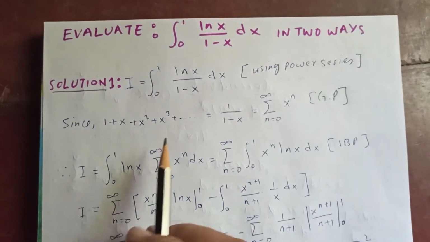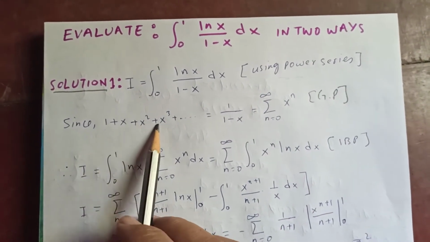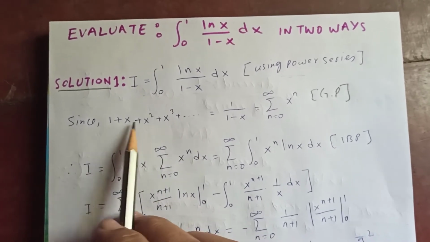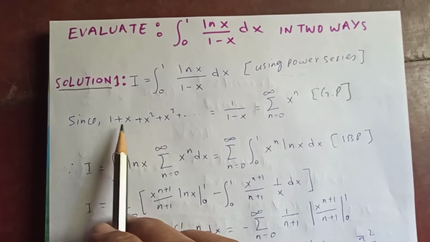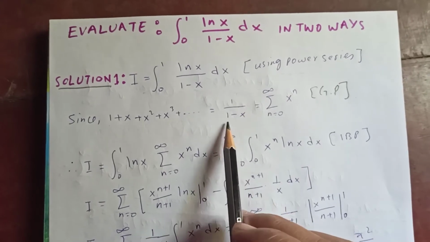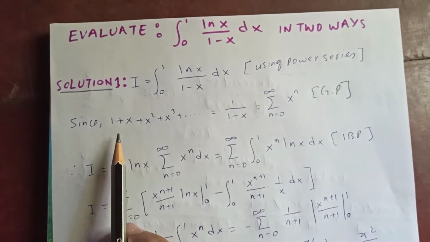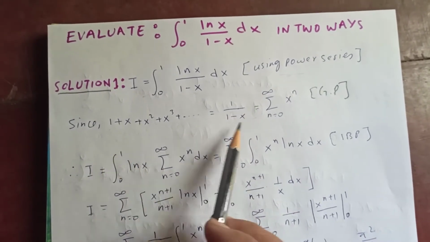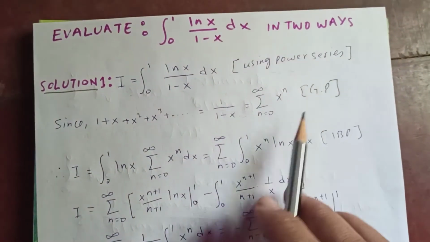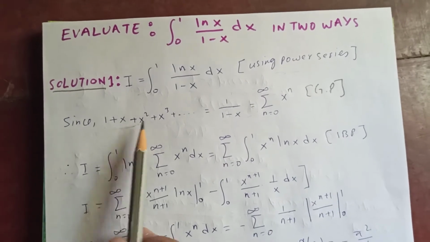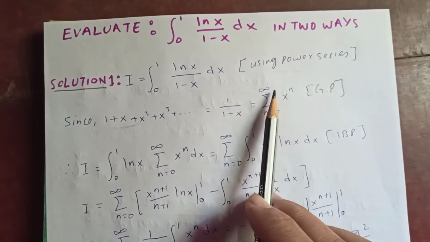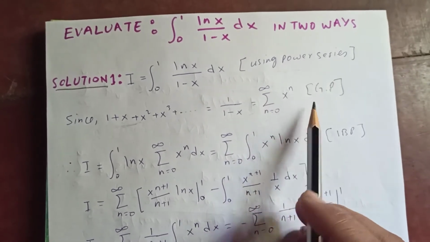So we know that 1 plus x plus x squared plus x cubed and so on up to infinity is a GP, so the sum will be 1 over 1 minus x, first term divided by 1 minus the common ratio, which is x. I can write this in terms of summation: the sum from n equals 0 to infinity of x to the n.